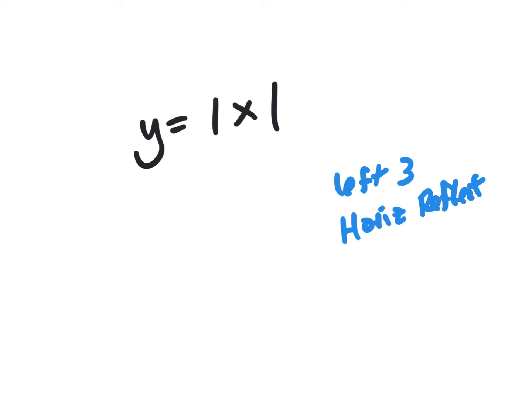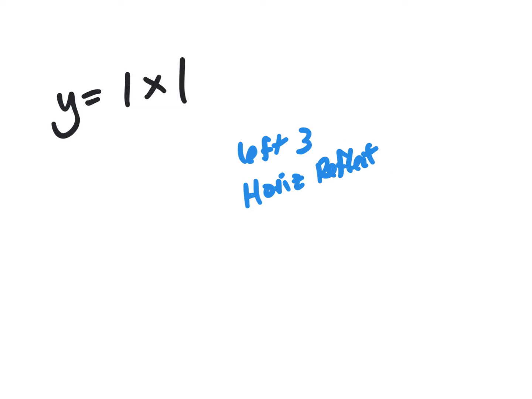You don't have to graph it or anything. That would be much harder. This is just write an equation. If you wanted to take this original parent graph and do this to it, what would the equation be now? It'll always start with y equals, or you could say f of x equals. Let's pause and give you a minute to write that one out.